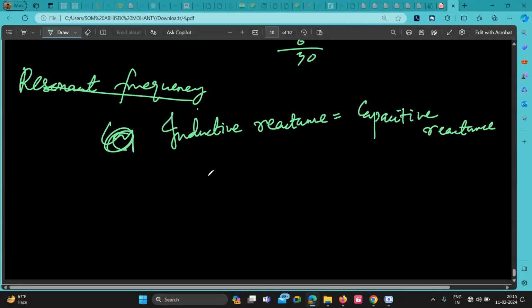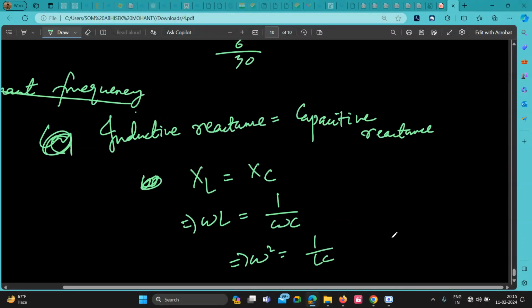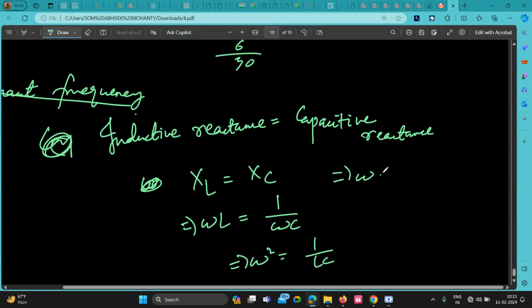That means XL is equal to XC, that is omega L is equal to 1 by omega C, omega square is equal to 1 by LC. That means omega is equal to 1 by root over of LC.